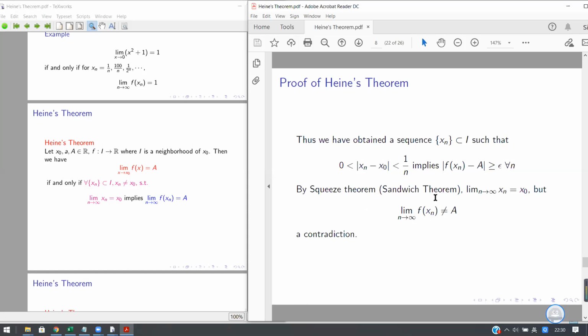This means the red limit, the blue limit, cannot hold, right? But remember our condition is that for all such sequences, the purple one implies the blue one. Now we find a sequence that satisfies the purple one but not the blue one. So it is a contradiction.